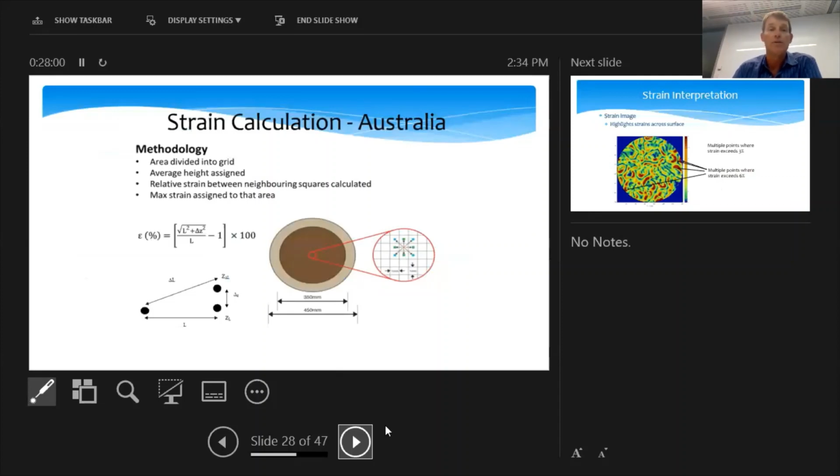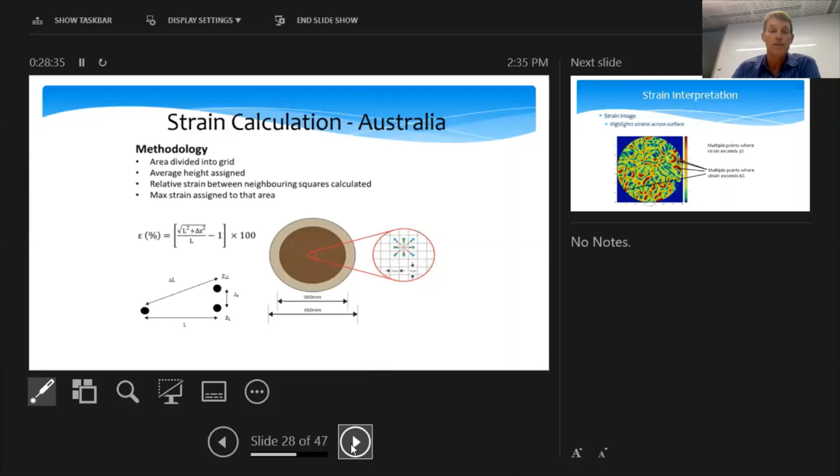So essentially the whole surface of your profile that you measure is covered in 1 millimeter squares, and the average height of each of those 1 millimeter squares is assigned. And then the relative height and strain between the neighboring 8 points is measured. The highest strain achieved for any one of those 8 points is then assigned to that 1 millimeter square. So we can work out the areas where large strains occur.